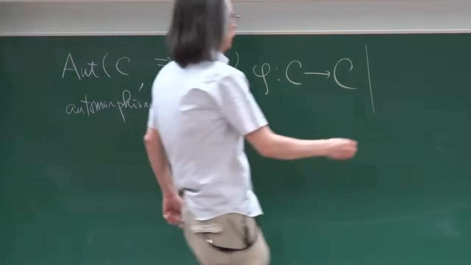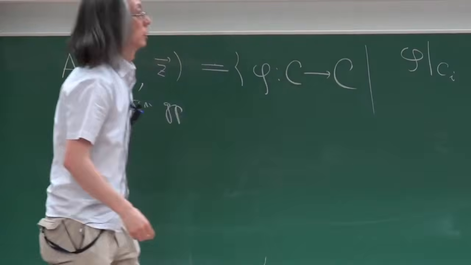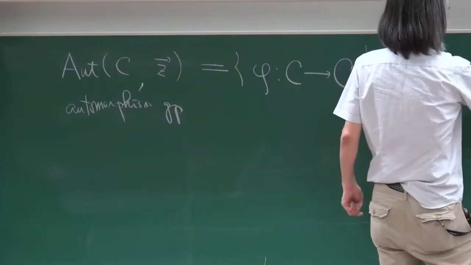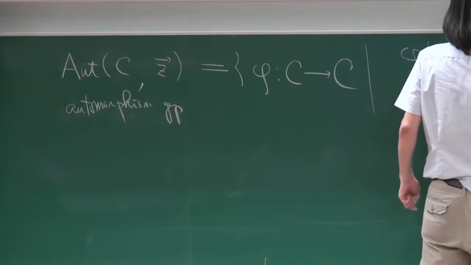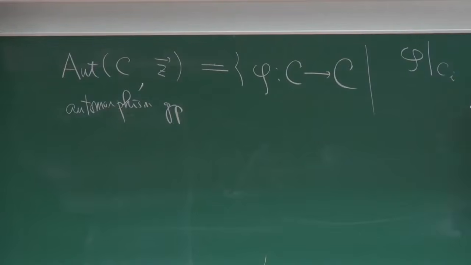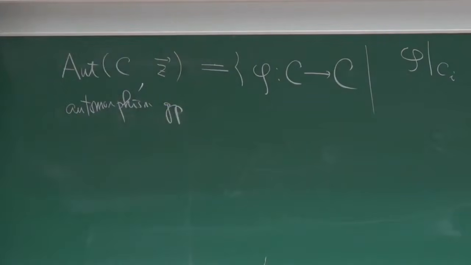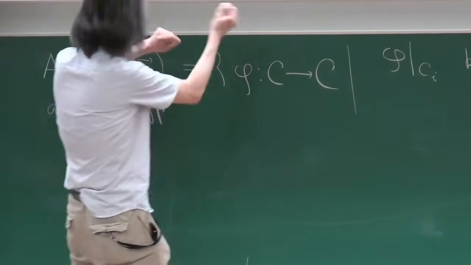So therefore, phi restricted to Ci is a biholomorphic map to its image. And a nodal point has to be mapped to a nodal point, and in a consistent way.